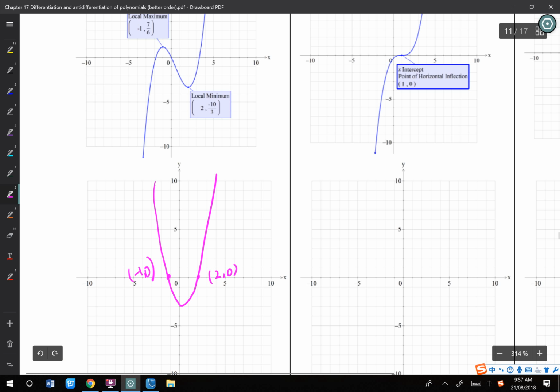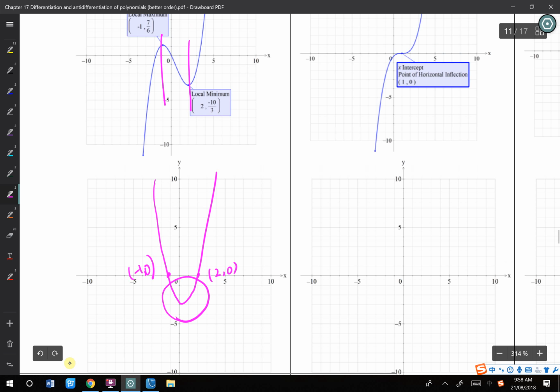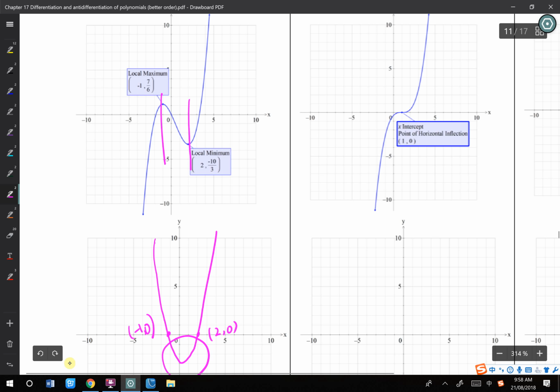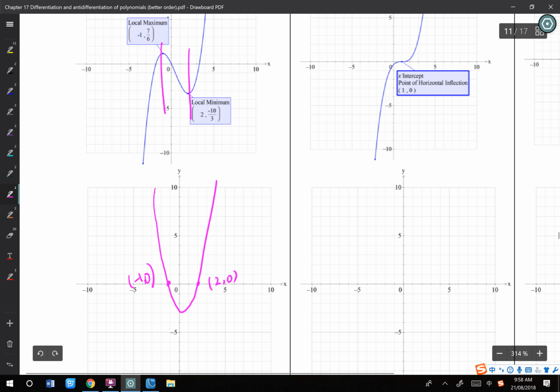That shape. Because in between negative 1 and 2, I have a negative derivative, so the graph is below the x-axis. And then on the right-hand side of 2 is an increasing function, so I have the graph above the x-axis. And same as the other side, I have the graph above the x-axis. So it should be an increasing function.